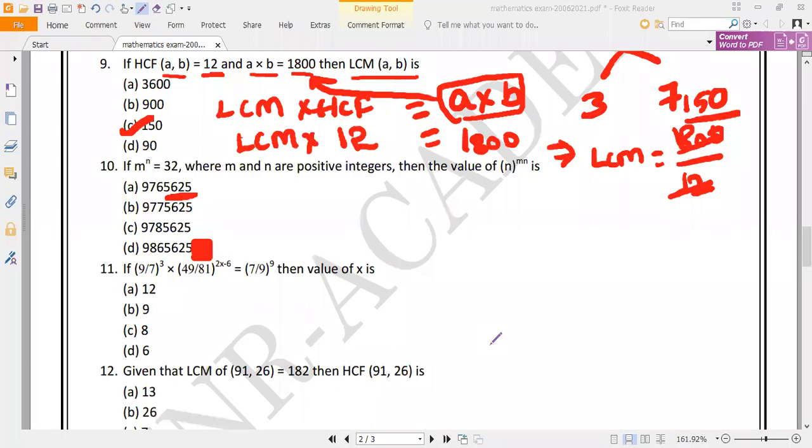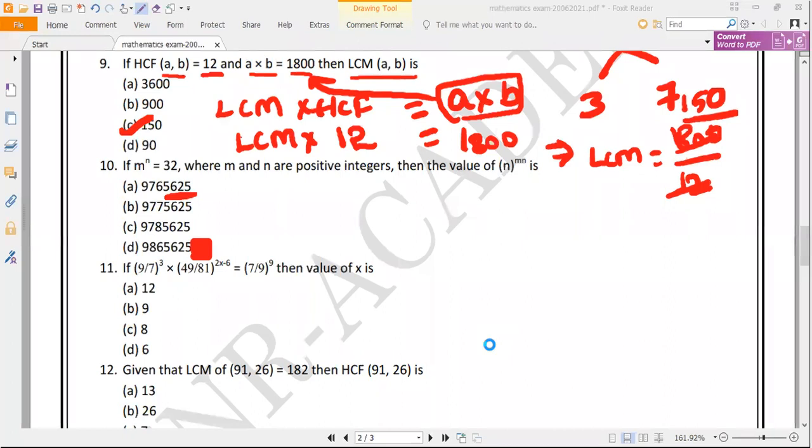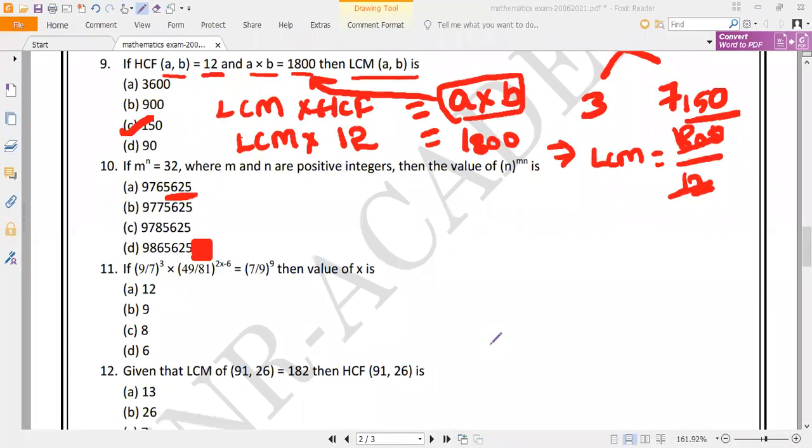Shall I go to the next sum? Is it okay? Completed.